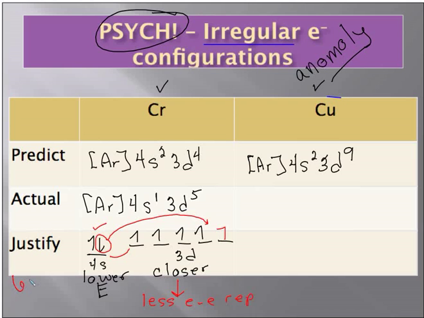So chromium, instead of having 4 unpaired electrons, would actually end up with 6 unpaired electrons. And unpaired electrons experience a little less repulsion than paired electrons.